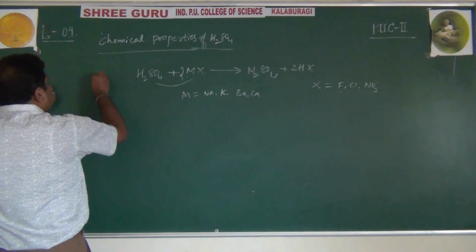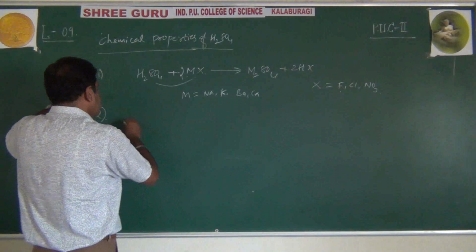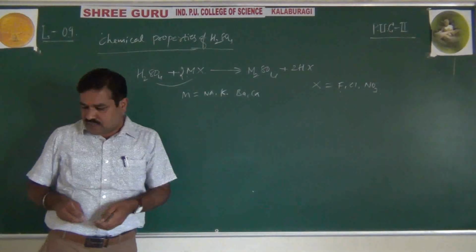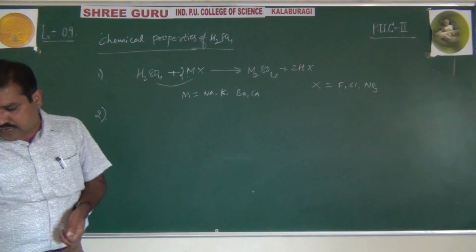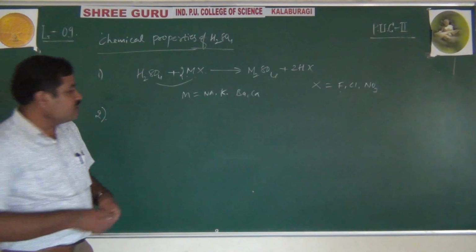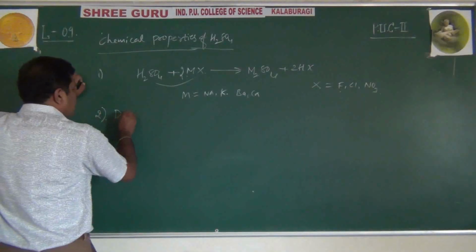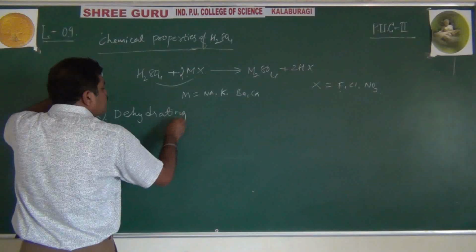Secondly, dehydrating property. Apart from this, it has a very important dehydrating nature. Dehydrating nature of sulfuric acid is very important, as far as theory is concerned, it's a compulsory question.